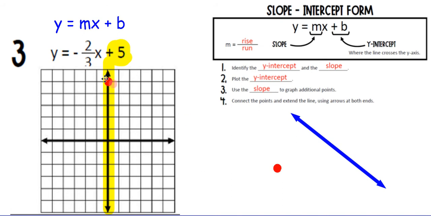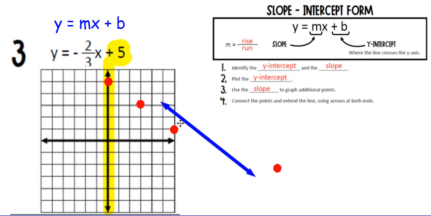So I'm going to start there and go down 2 and over 3. Down 2 and over 3. And there's the graph of y equals -2/3 x plus 5.